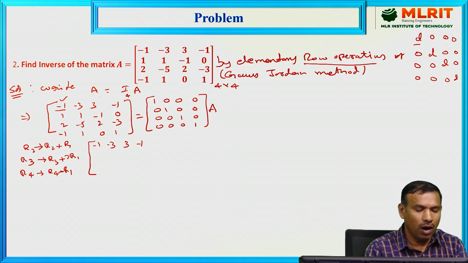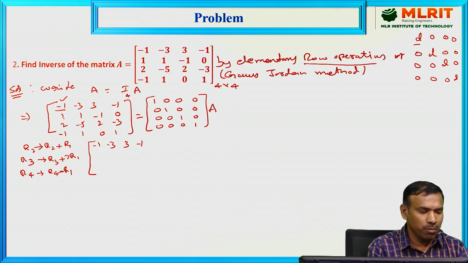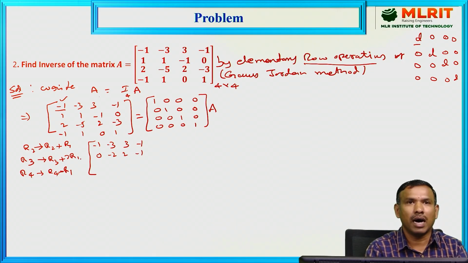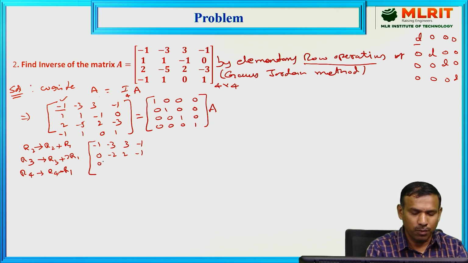Now second row, R2 plus R1: 1 minus 1 is 0, 1 minus 3 is -2, -1 plus 3 is 2, 0 minus 1 is -1. Next R3 plus 2R1: 0, -11, 8, -5.